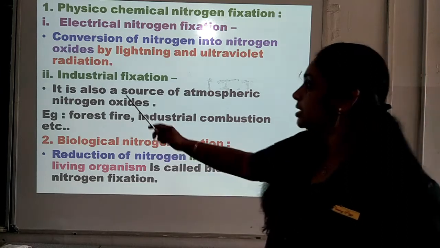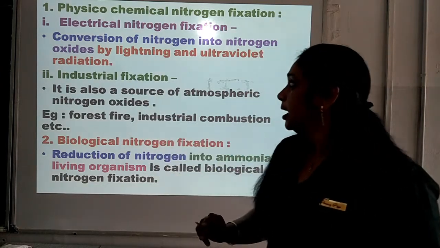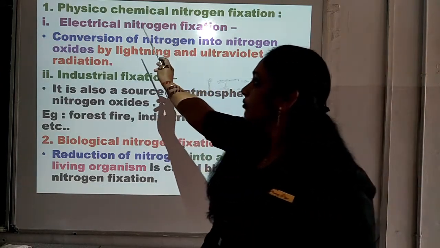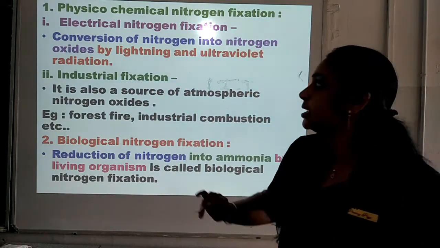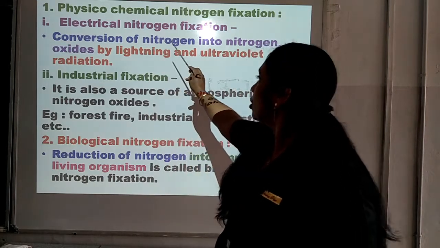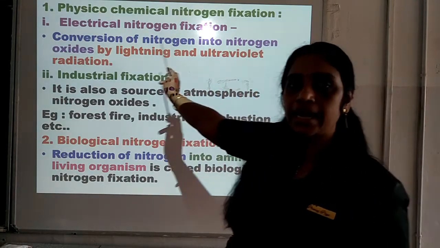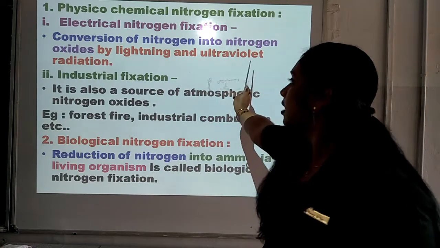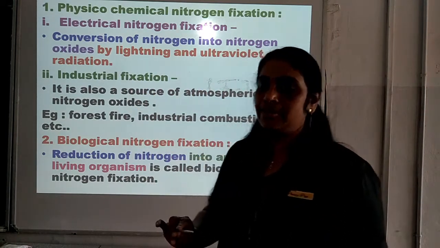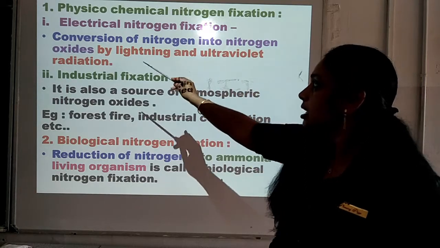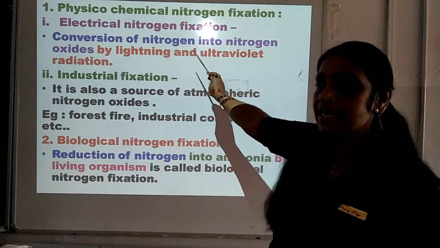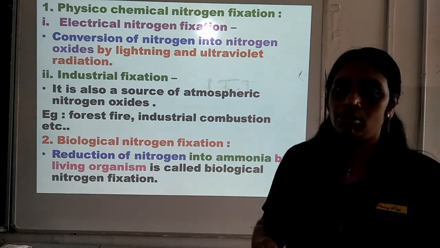The second method is biological nitrogen fixation. In the first method, electrical nitrogen fixation takes place, where conversion of nitrogen into nitrogen oxide by lightning and ultraviolet radiation takes place. With the help of lightning and ultraviolet radiation, nitrogen is converted into nitrogen oxide.